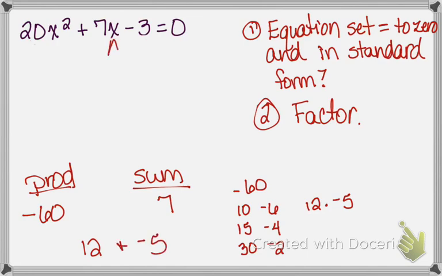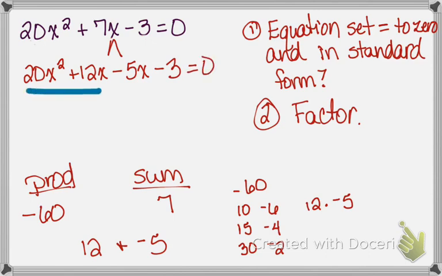So I'm going to split my middle term: 20x squared plus 12x minus 5x minus 3. I'm factoring by grouping. So I'm going to take a 4x out of the first two.